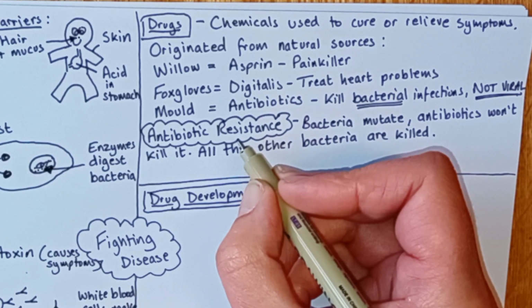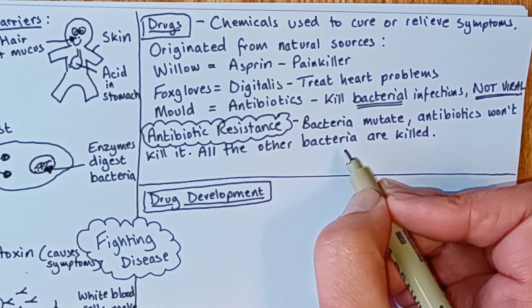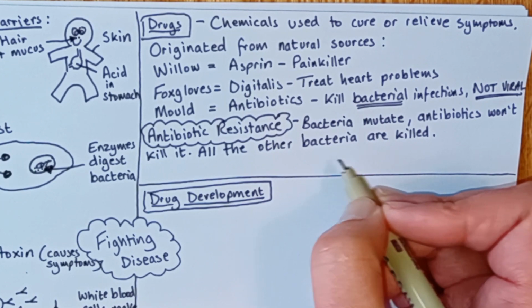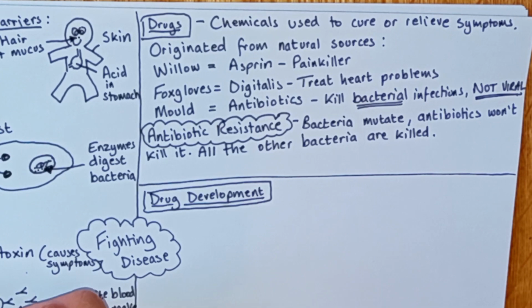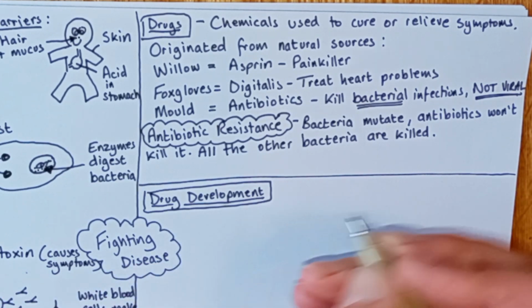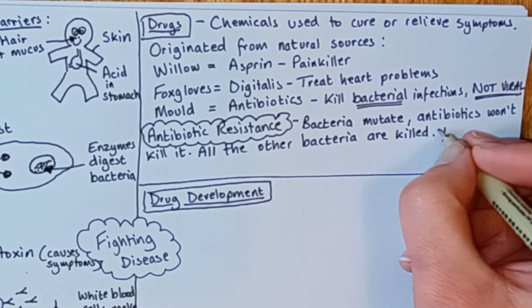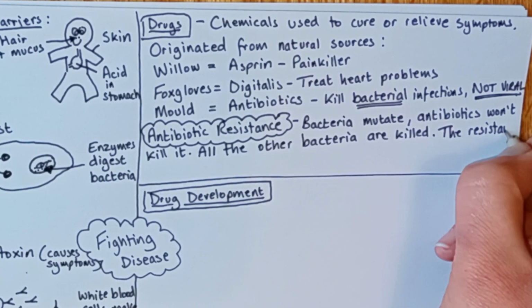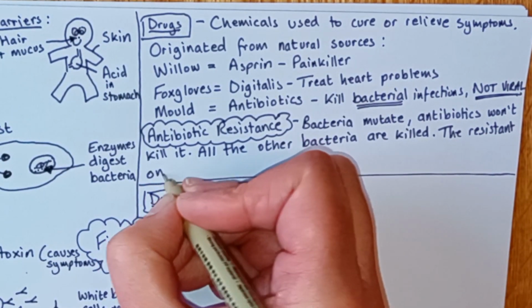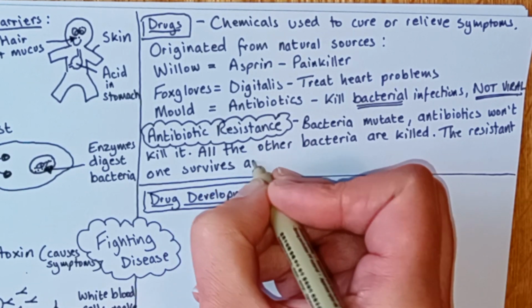And so instead of one mutant bacteria, you could have hundreds of thousands or millions, and they're not killed by antibiotics, and they make toxins and can make you ill. The resistant one survives and reproduces.